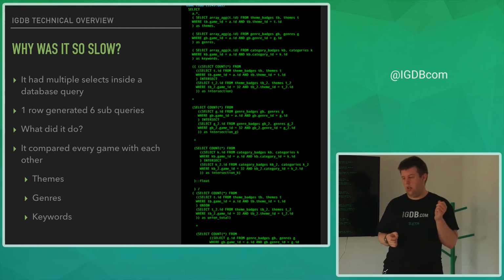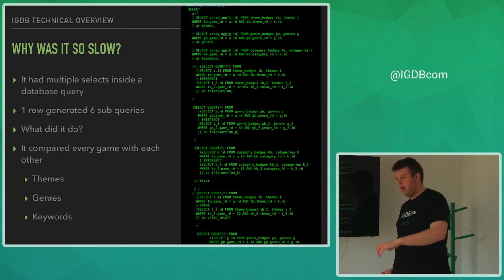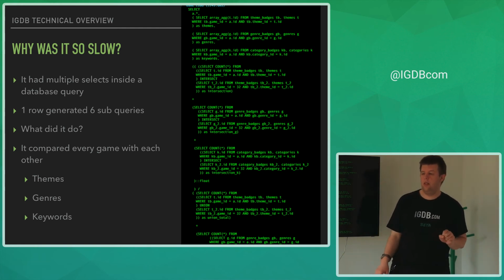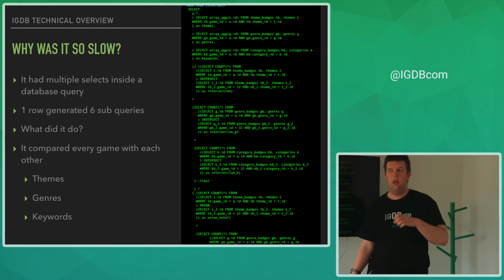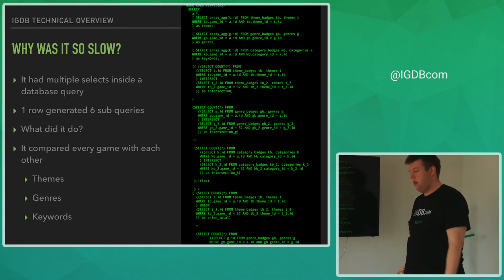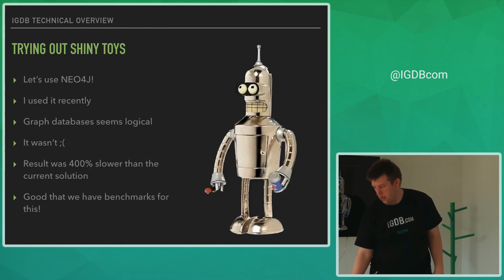And what did it do? It compared every game with each other. So one game compared with all the other games in the database. So that was why it was so slow. And then also it calculated all the themes and genres and keywords and so on.